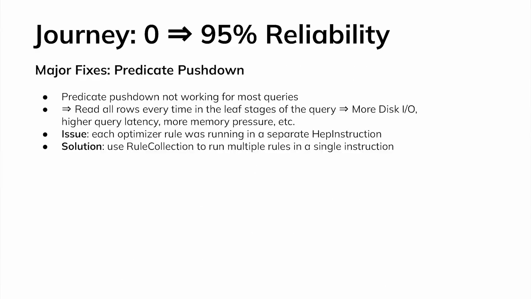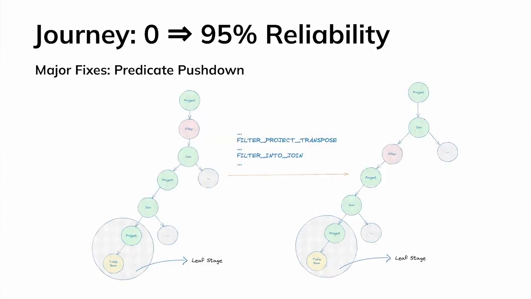We further found out that predicate pushdown wasn't working. For this one, the issue was again a Calcite wiring issue. How you configure your optimizer rules to run was a bit different than what it needed to be. And to explain this with an example, let's say you have a query plan on the left.